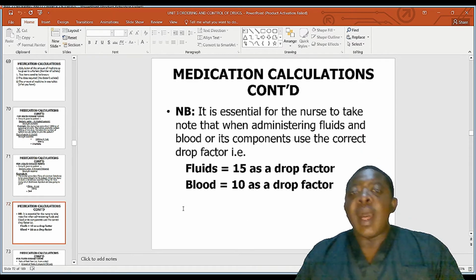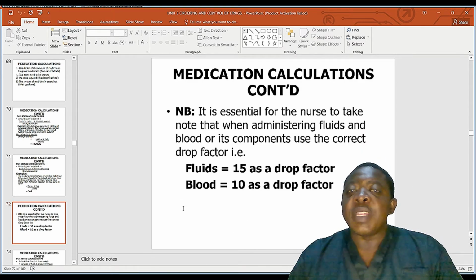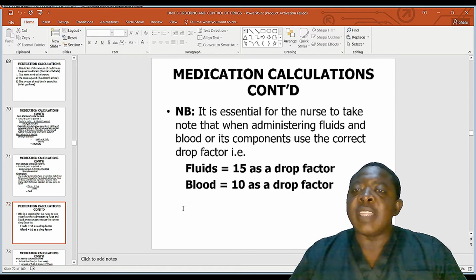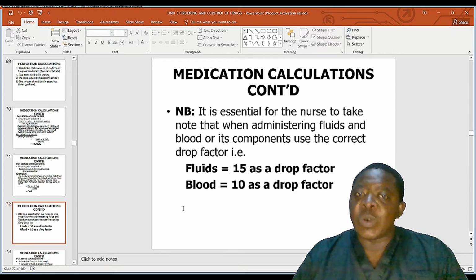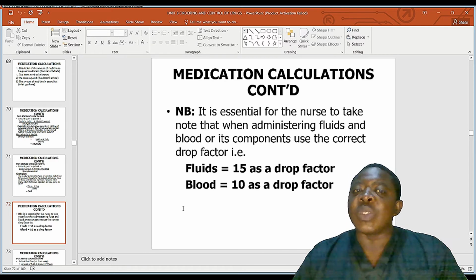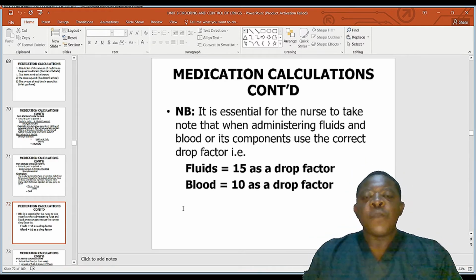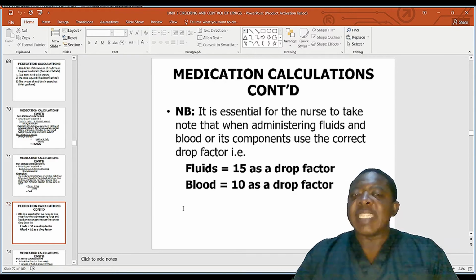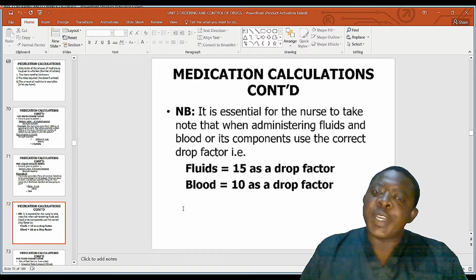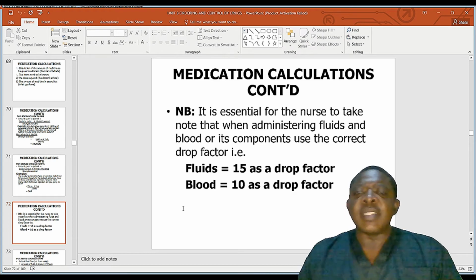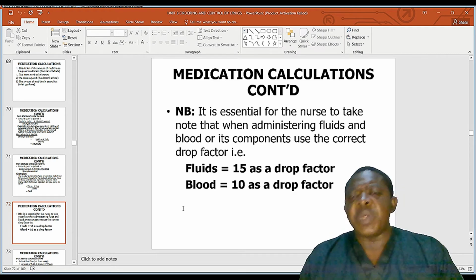Other things to note is that it is essential for the nurse to take note that when administering fluids and blood or its components, you use the correct drop factor. This one is for fluids that we are administering as drips. So for fluids, we have a standard drop factor of 15. It may be found on the giving set.